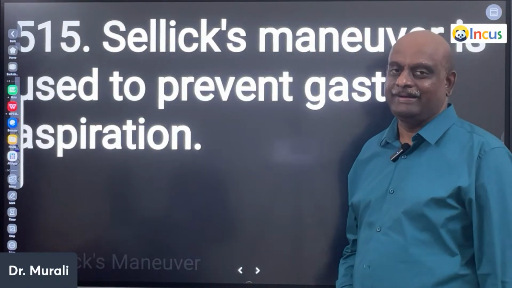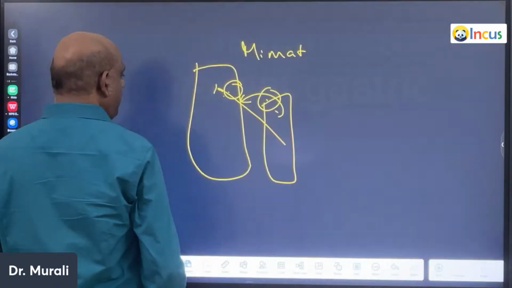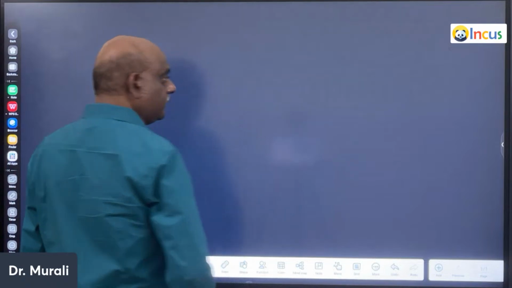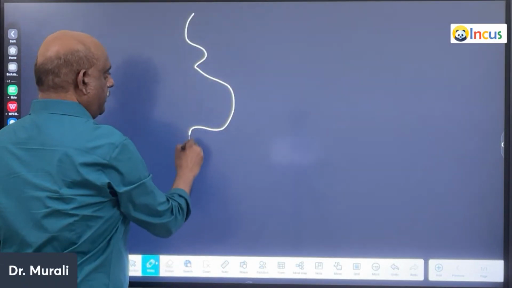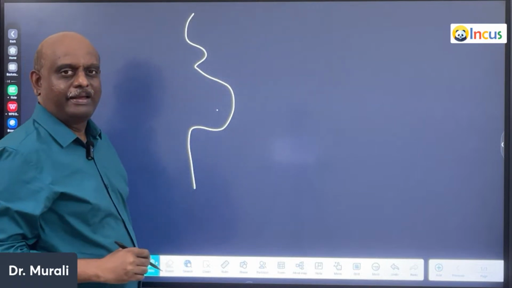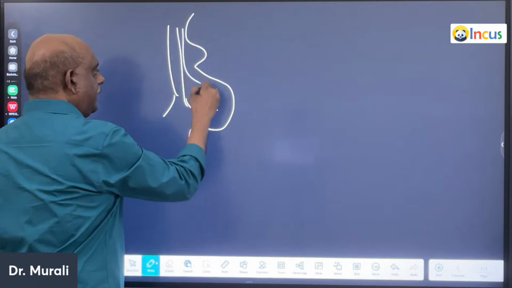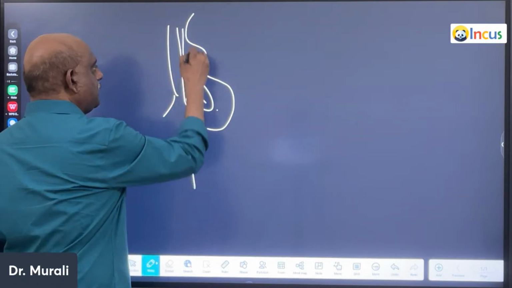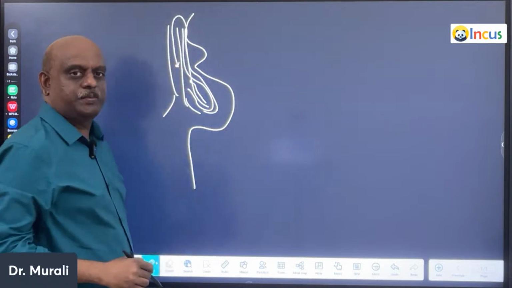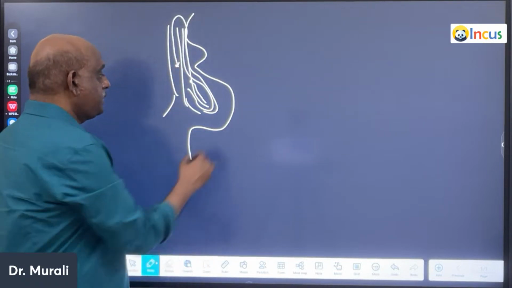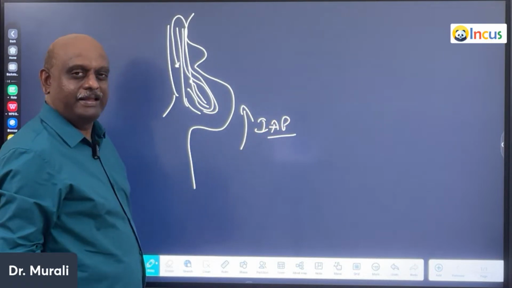Sellick's maneuver means what? Whenever you are operating on any pregnant woman, the GIT secretions can slip into the respiratory tract because there is a very high intra-abdominal pressure in the pregnant woman.